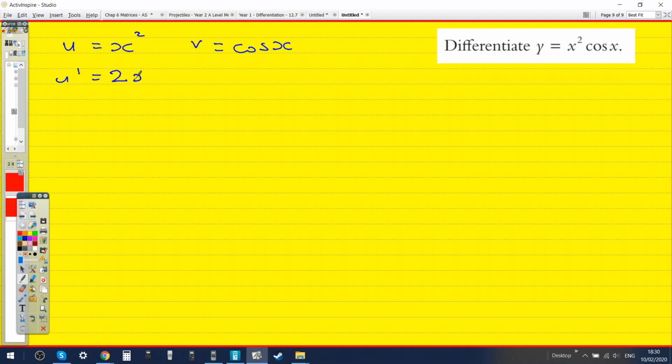So then x squared times cos x plus cos x times 2x. What was the first half, sorry? X squared times cos x. What's the derivative of cos x? Oh, minus sin x.